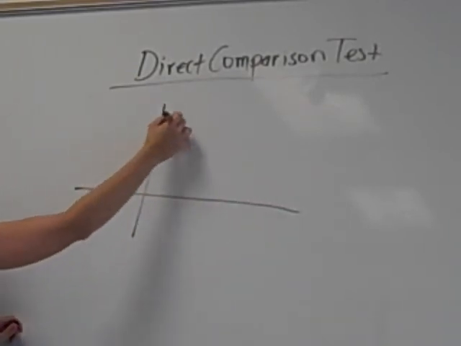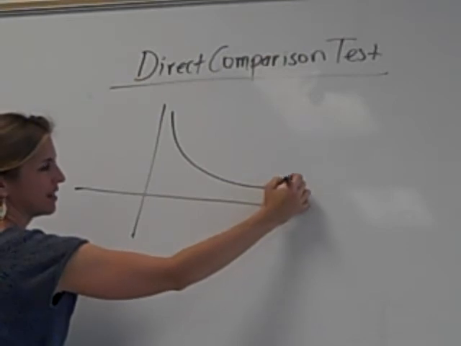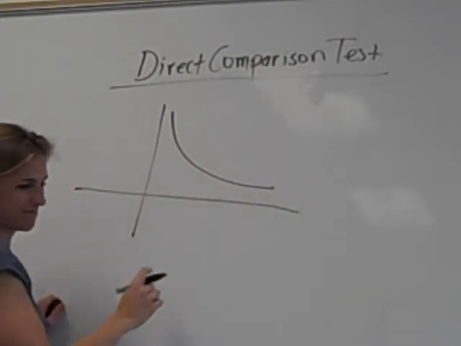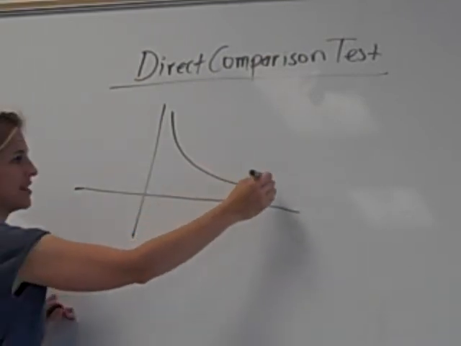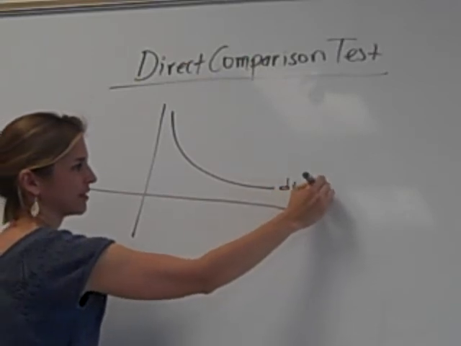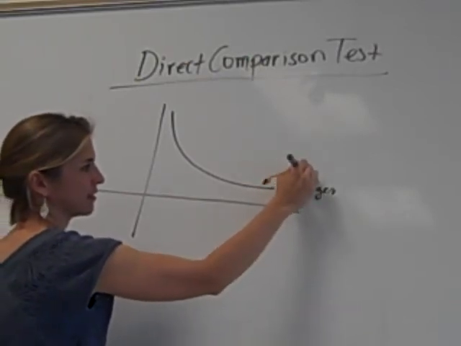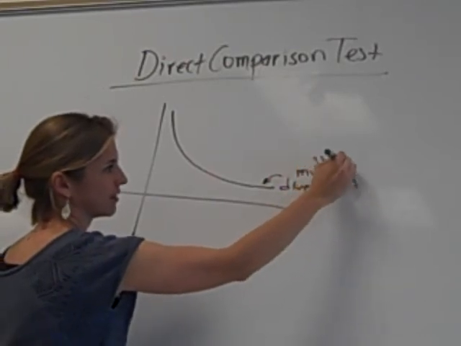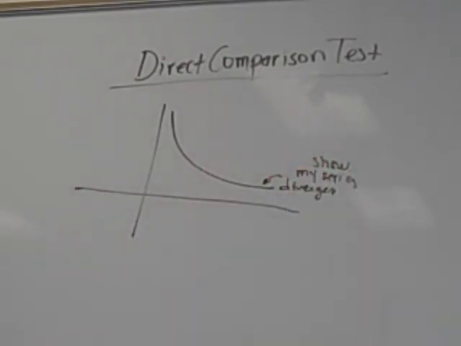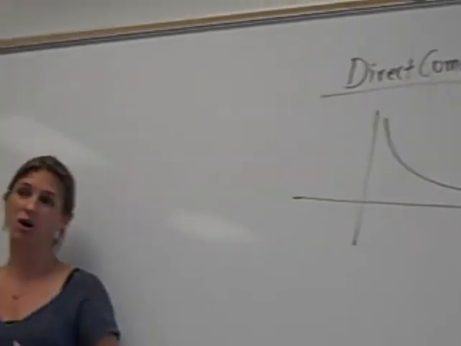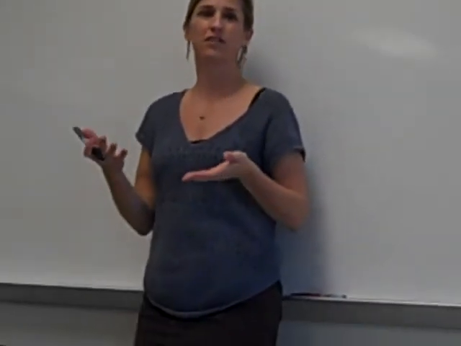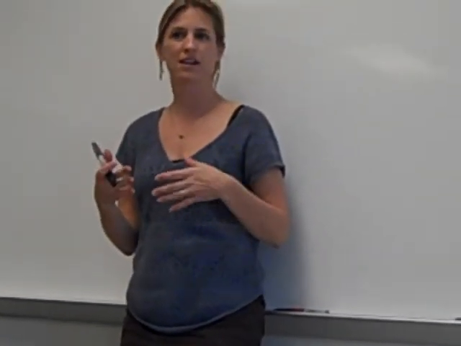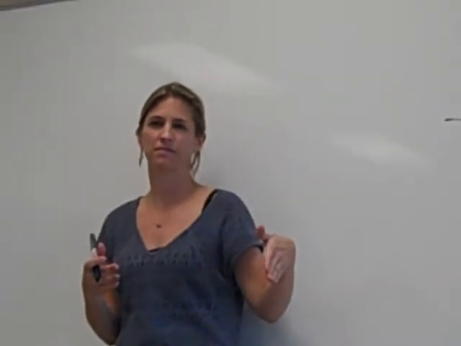Let's say I have my series, and I want to show that it diverges. If I can find a function or a series that is smaller than my series that diverges, then by comparison, I can say that mine diverges also.